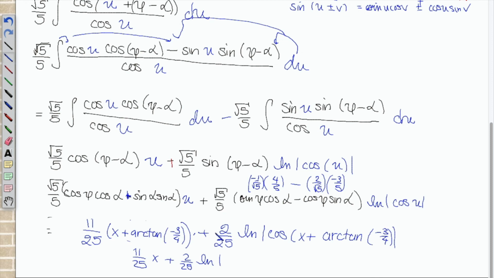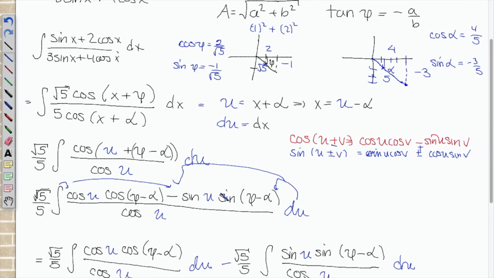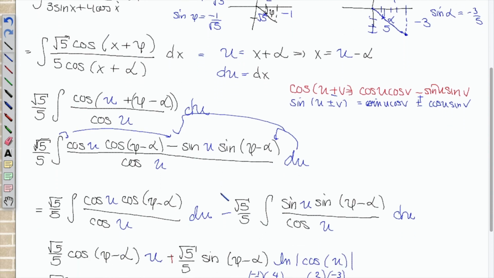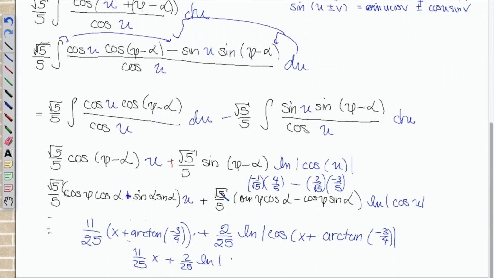It doesn't matter. No one's going to judge you if you leave it as this. I will rewrite it so that it matches the solution on the other video. This becomes 3 sine of x plus 4 cosine of x plus c. And that is it with integration.